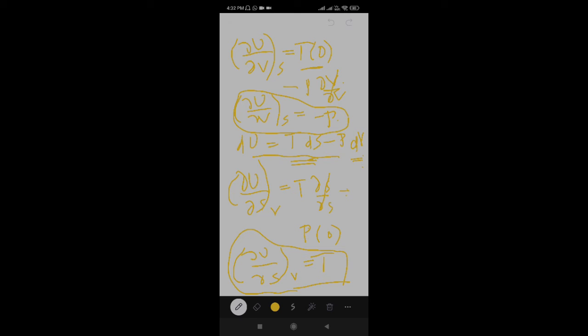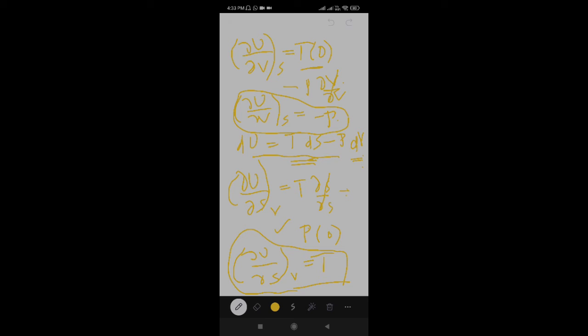You differentiate this dou U by dou S, the first equation, with respect to V. Next, you differentiate this dou U by dou V with respect to dou S. You are going to get the same expression on one side.